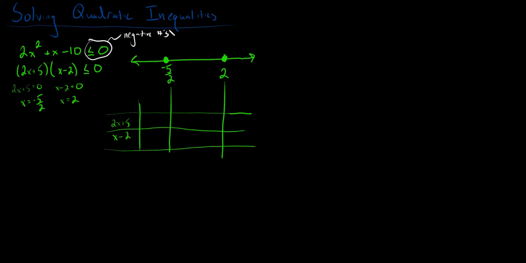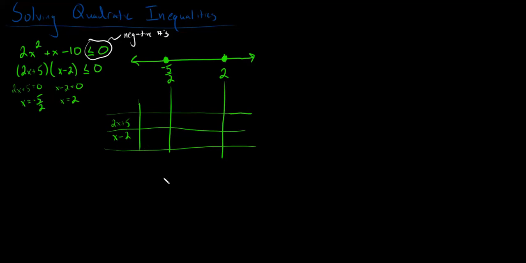Think about it: only negative numbers are less than or equal to 0. So we want answers that are negative. When we plug in x values, like let's say I plugged in -1 for x, I would want the left side of the inequality to come out negative, because then that would be less than or equal to 0.